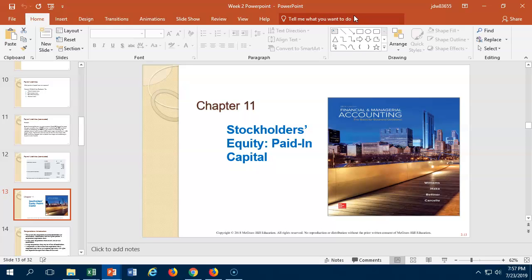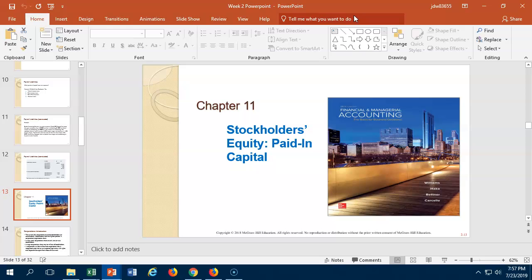Is the next one preferred stock? Yes. What financial statement does that appear on? Balance sheet, correct. And then what section of the balance sheet? Equity, correct.